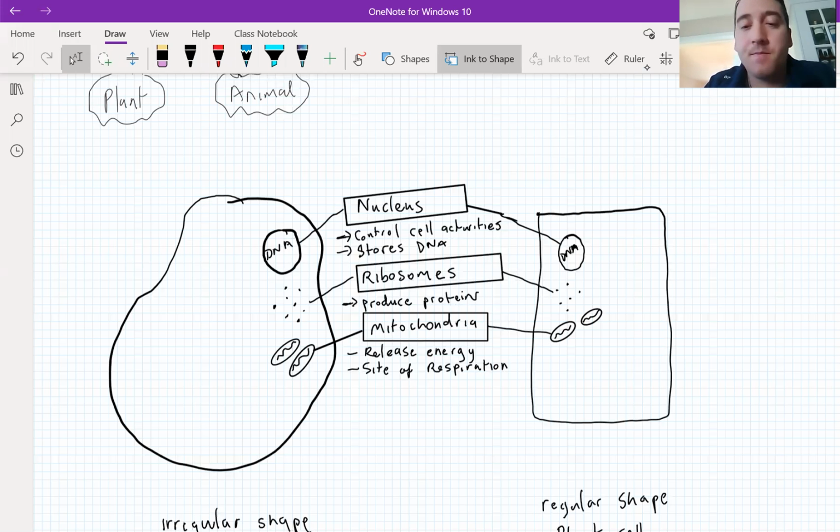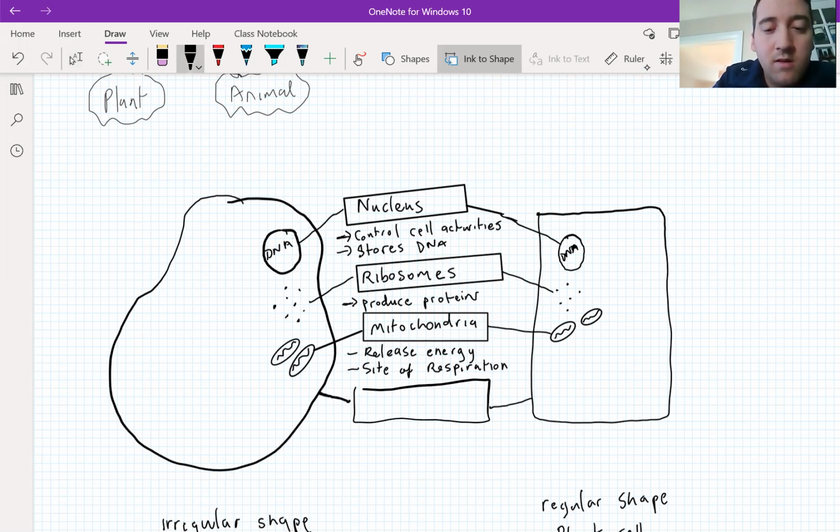Okay, the next part I am going to label is the outside edge of what I've drawn here. So this edge here and this edge here. This part is called the cell membrane.